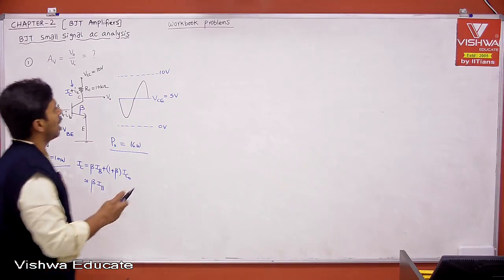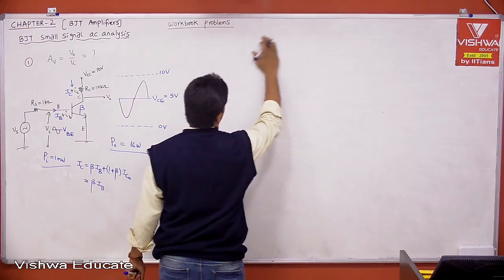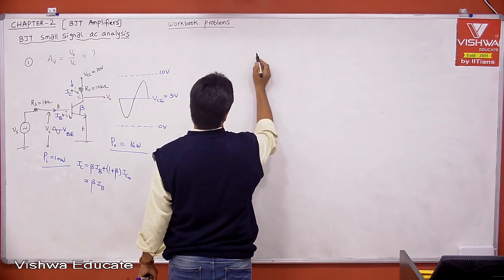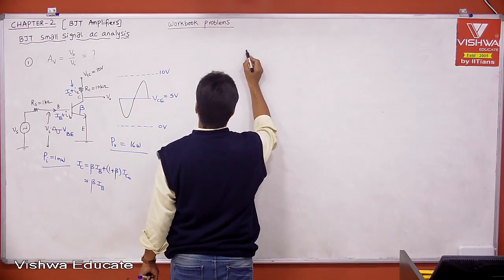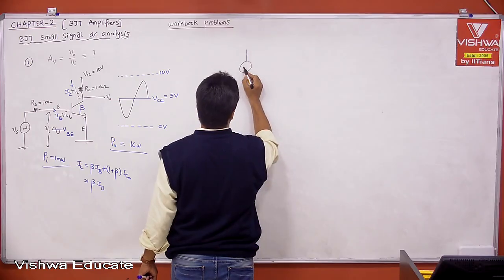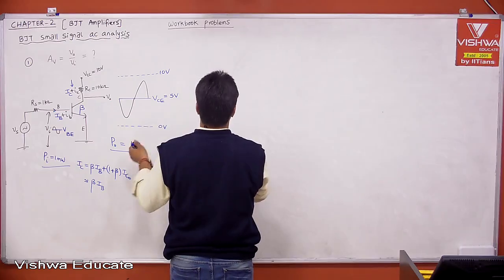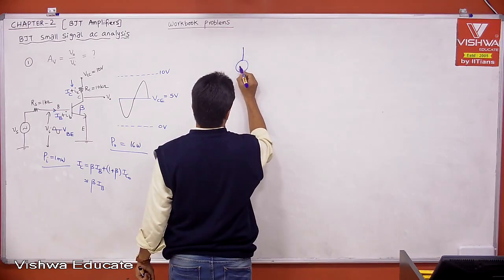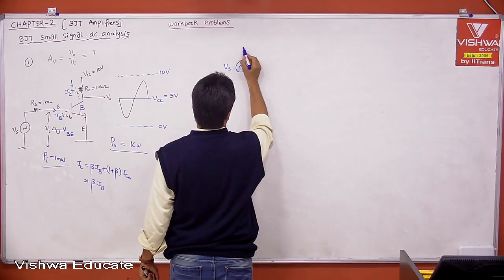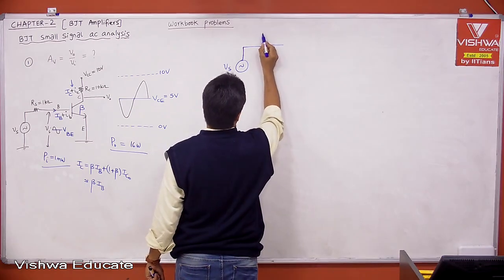Now, I want to model your amplifier something like this. Let us say this is your voltage source, this is Vs, and this is Rs.